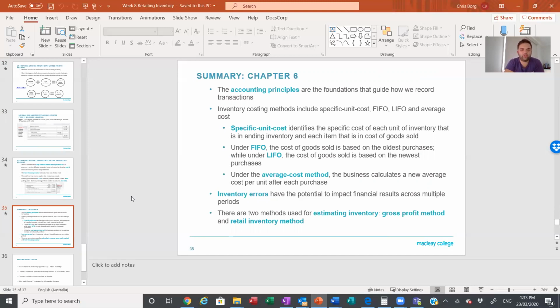We looked at inventory errors and their potential to impact results across multiple periods as the closing and beginning inventory flows forward. And there are two methods used, if needed, for estimating inventory, being the gross profit method and the retail inventory method.